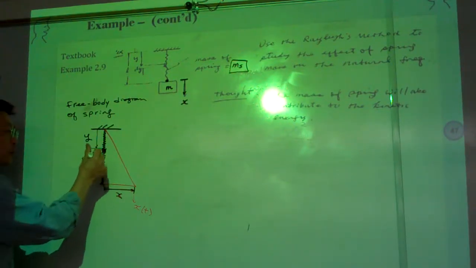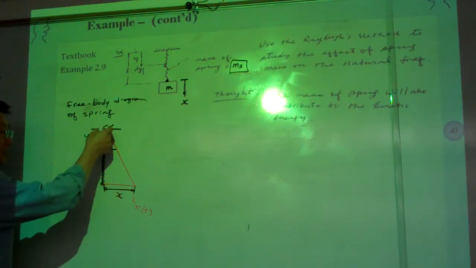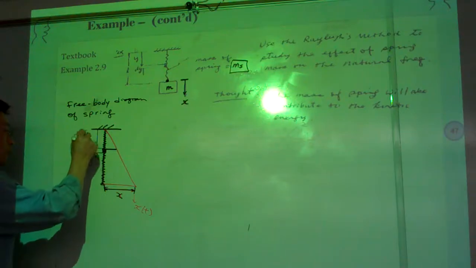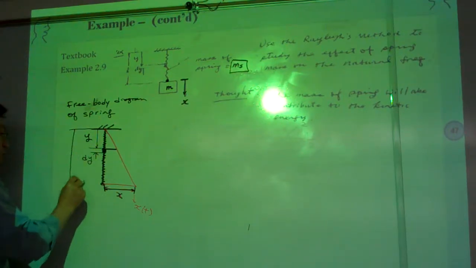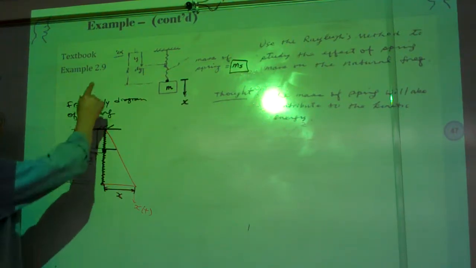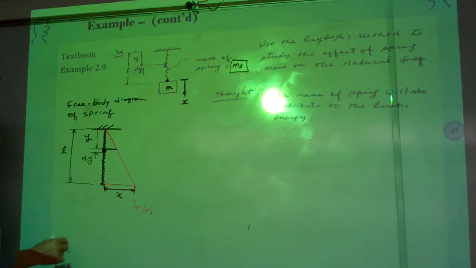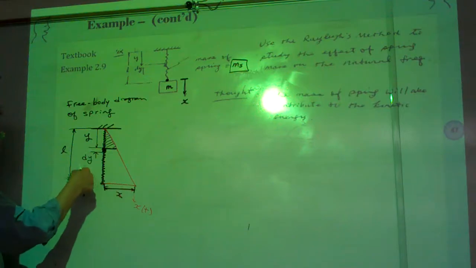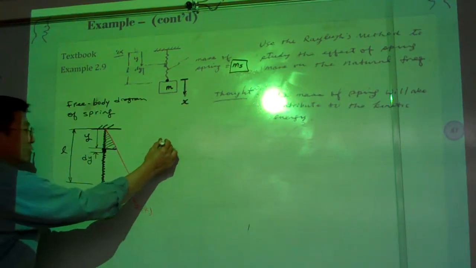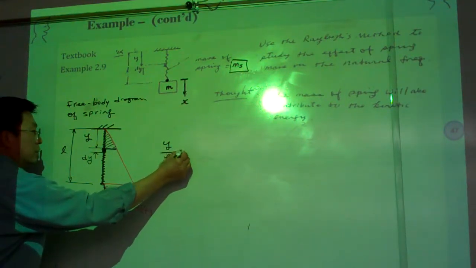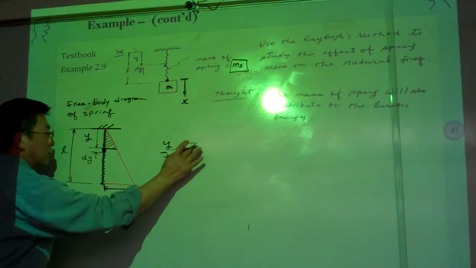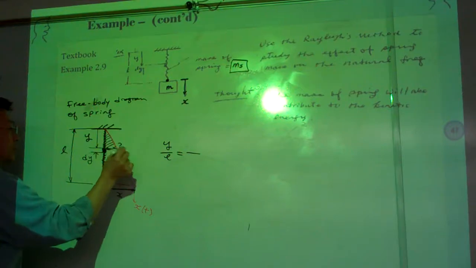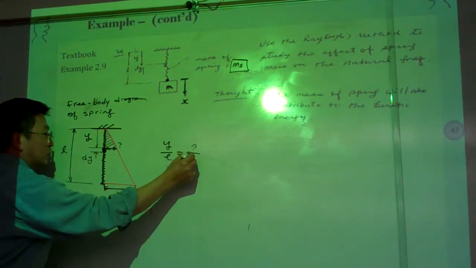For this small element, we should be able to know its displacement using similar triangles. The whole length of the spring is L. Comparing this little triangle with the bigger triangle, y over L is equal to the distance I want to obtain, let me say question mark, with respect to x.